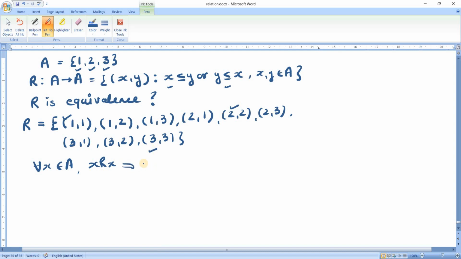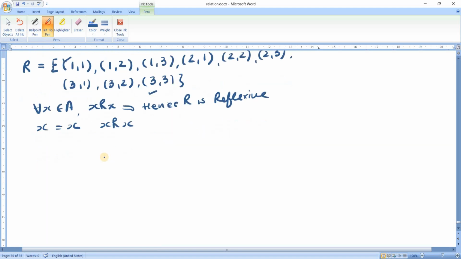So we say that R is reflexive. We also know that each element is equal to itself, so x R x is definitely true.